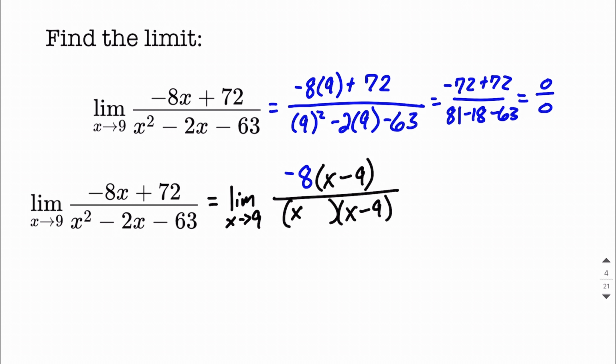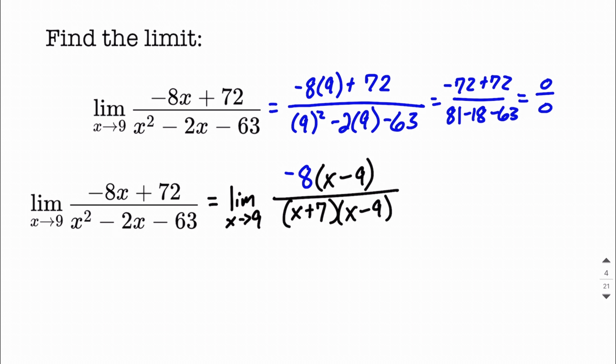And then negative 9 times what makes negative 63, the constant? Well, negative 9 times positive 7 should make negative 63. We also probably want to double check that positive 7 added to the negative 9 gets our middle coefficient, negative 2. Sure enough, it does.